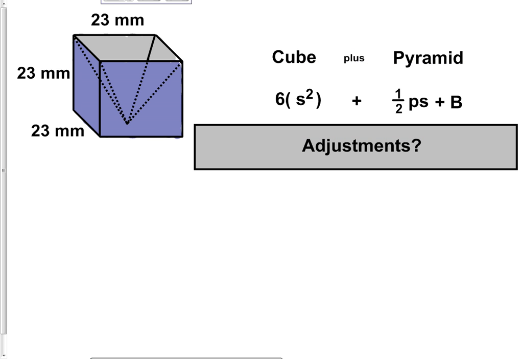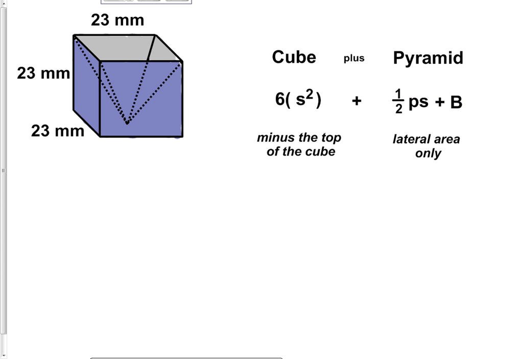Adjusting the formulas from there, only 5 sides of this cube are still part of the solid, so we would want to remove one of those sides. And then on the pyramid, the lateral faces are all exposed inside of this cube, but the base is missing. So lateral area only.